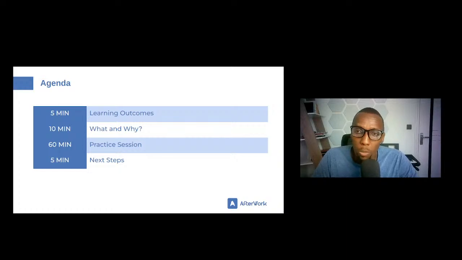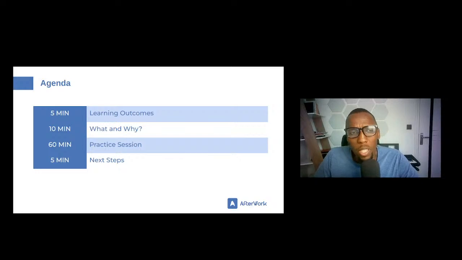Then after that, we'll get into a practice session where we'll get to practice how to create data pipelines, which are systems that collect data from various data sources and transform the data as well as load the data. So we'll get into an hour practice session, and after that we'll talk about the next steps. So let's get started.